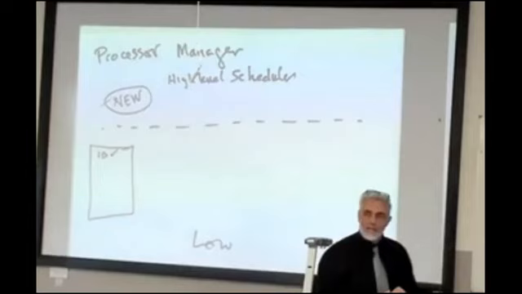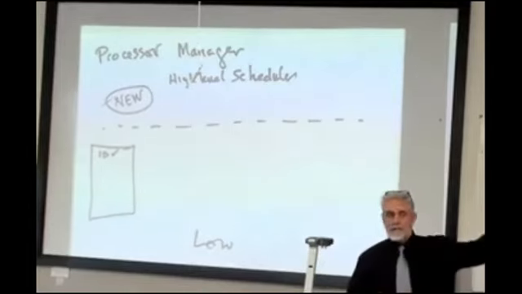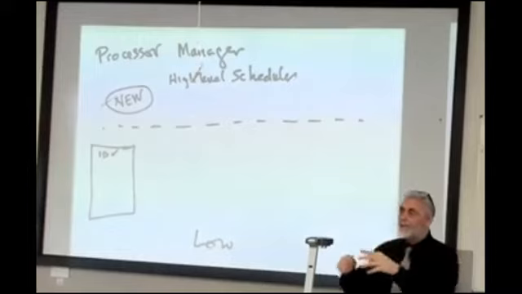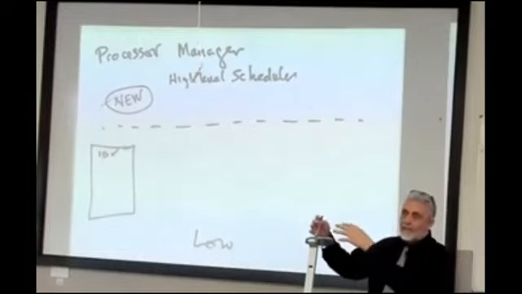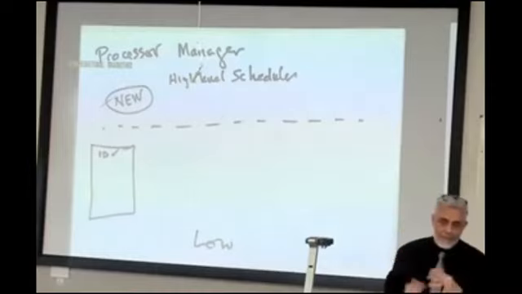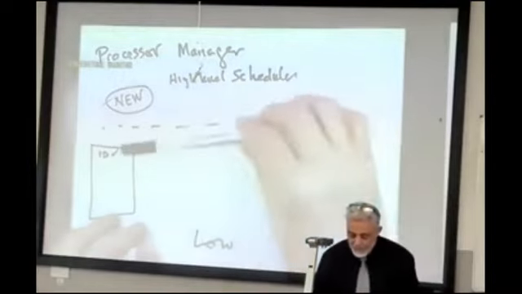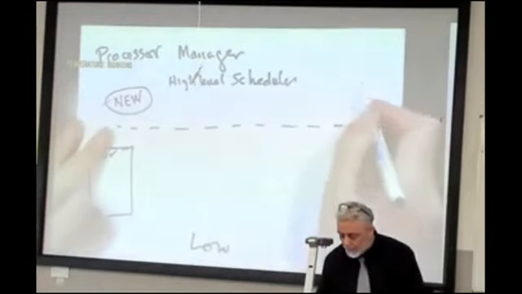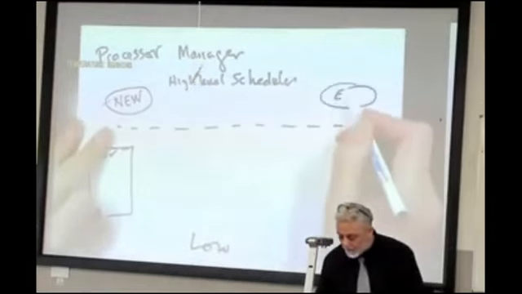Just like in a college, for example, there is a registration office that takes care of new students, and of them when they are finishing and graduating. But once they are here, they hand them over to the faculty that takes care of them. So same here. The high-level scheduler deals with new students and with finishing or ending students.